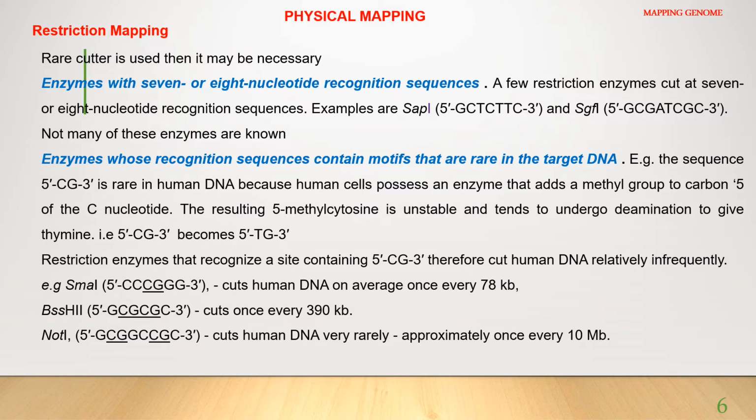Therefore, choosing a restriction enzyme that can cut DNA at the 5'-CG-3' site would give unique long fragments. This would then increase the efficiency of analyzing the restriction fragment profile. Example, SmaI enzyme, NotI enzyme.